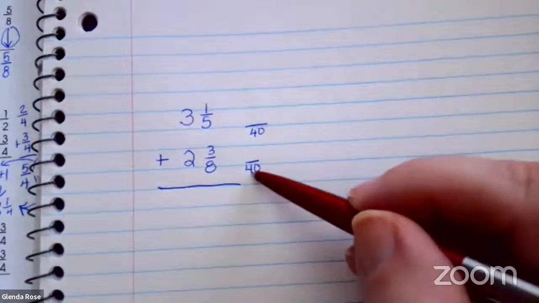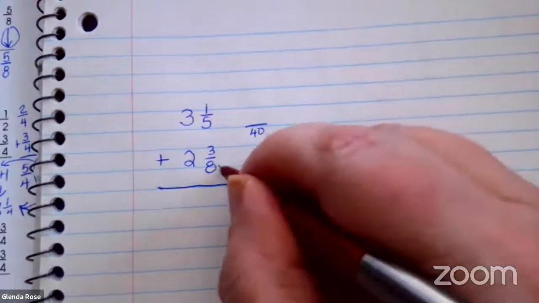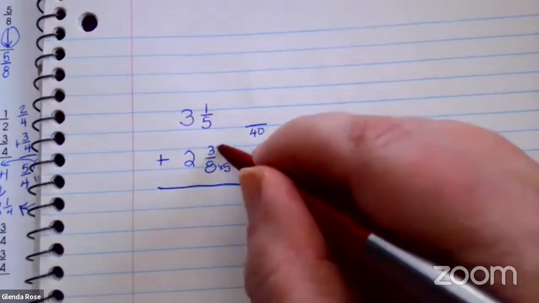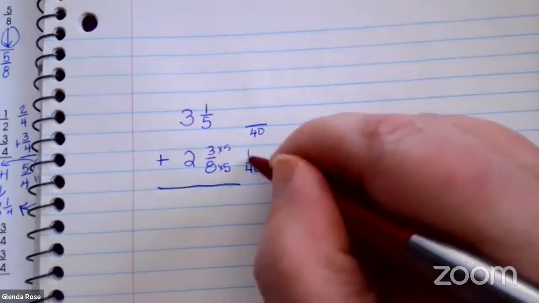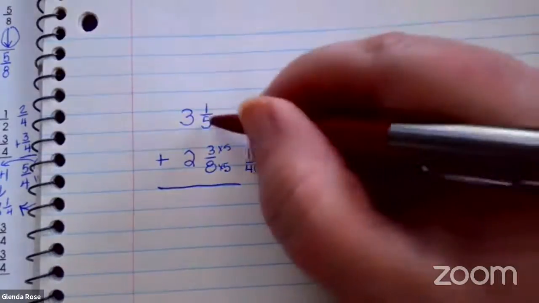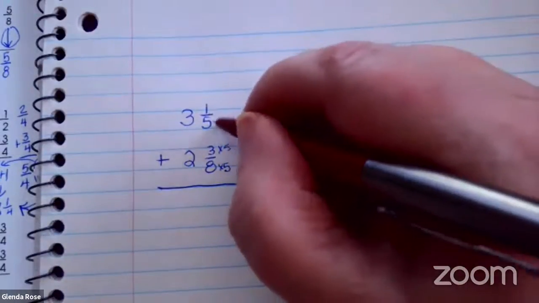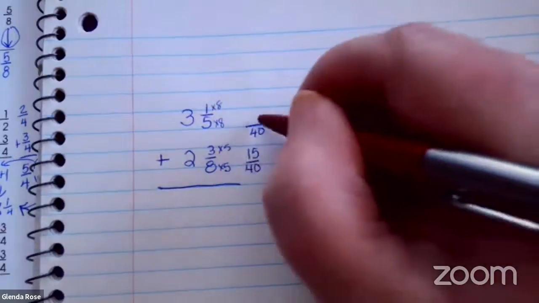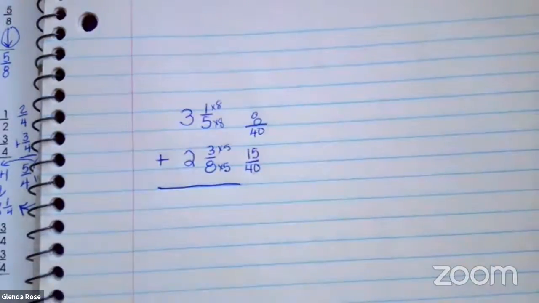So to get to 40 from 8, I had to multiply times 5. So I also multiply the top times 5. So I end up with 15 over 40. Here I had to multiply times 8. So I multiply the top times 8, and I get 8 over 40. Okay?